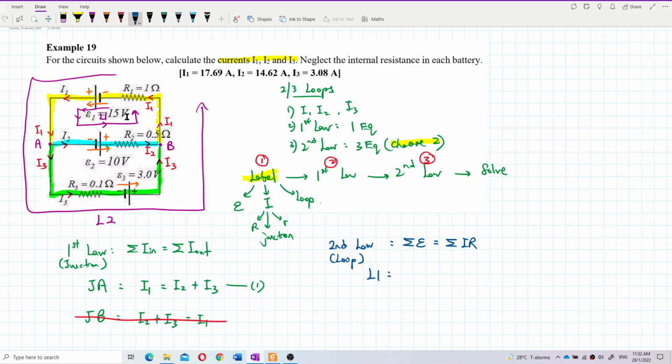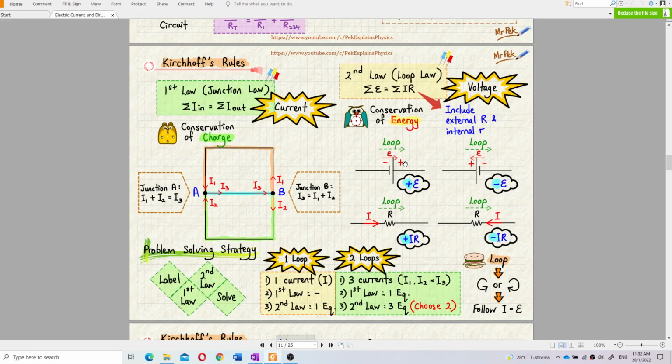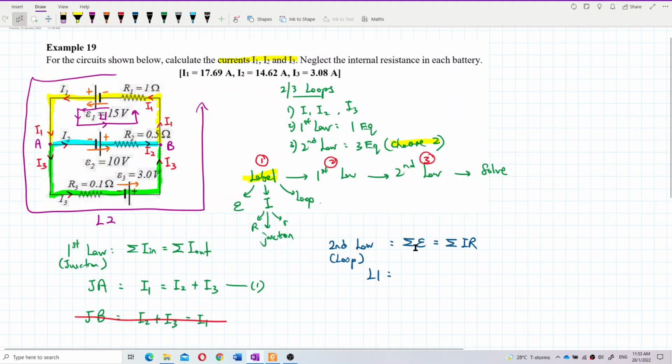First loop, and apply total E equal to total IR. Remember, look at total E, so just look at the battery inside this first loop. First loop here means I'm going from this point over here, then I go down to junction A, and then from junction A, I go anti-clockwise.